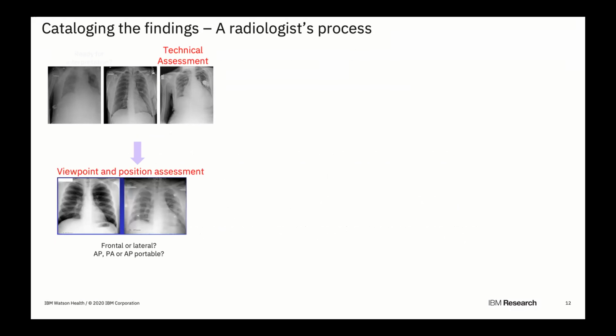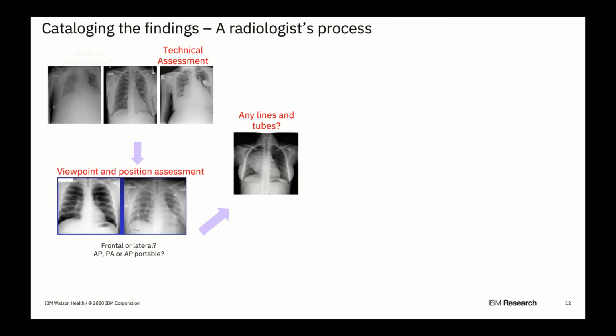Once we know that it is a good image to interpret, it would also be important to know whether it is an AP or a PA chest X-ray, whether it is a portable setting, as this could establish some biases. If it's an AP chest X-ray, then this is probably an in-hospital setting, and that already sets up a bias for interpretation.